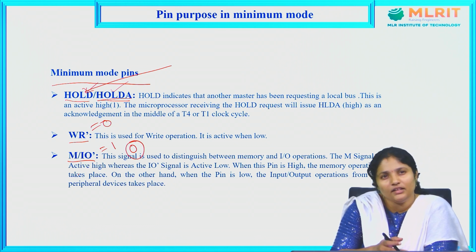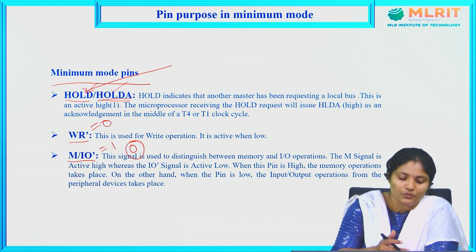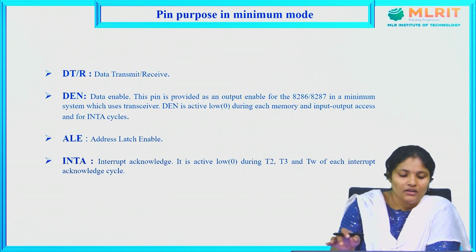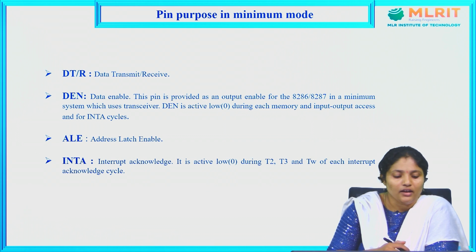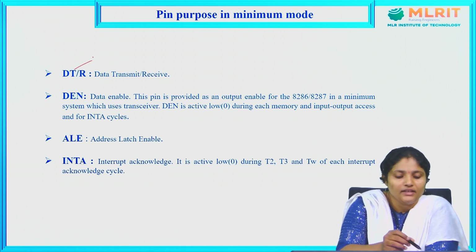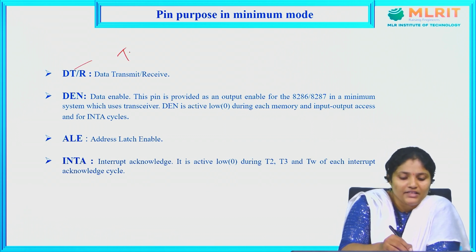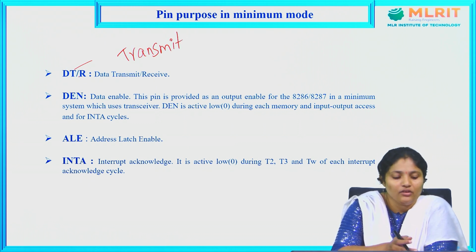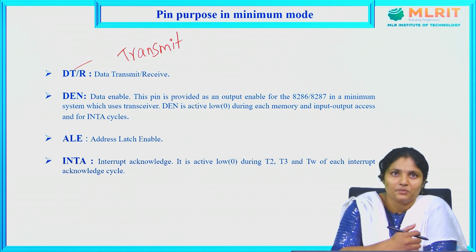Whether we are getting the input or sending the output, it will be through the input output devices. And here DT or R bar. DT is data transmit. If it equals 1, data has been transmitted, and if it equals 0, data has been received from the other peripheral devices.